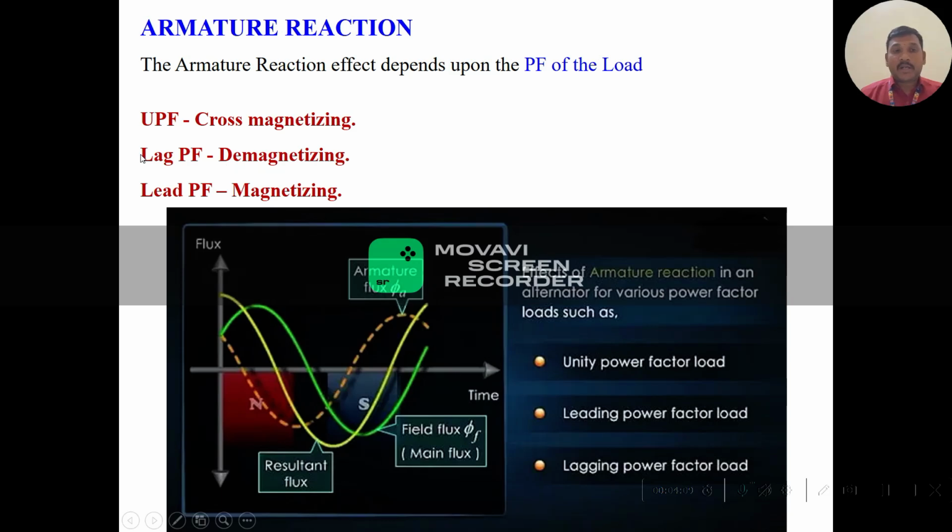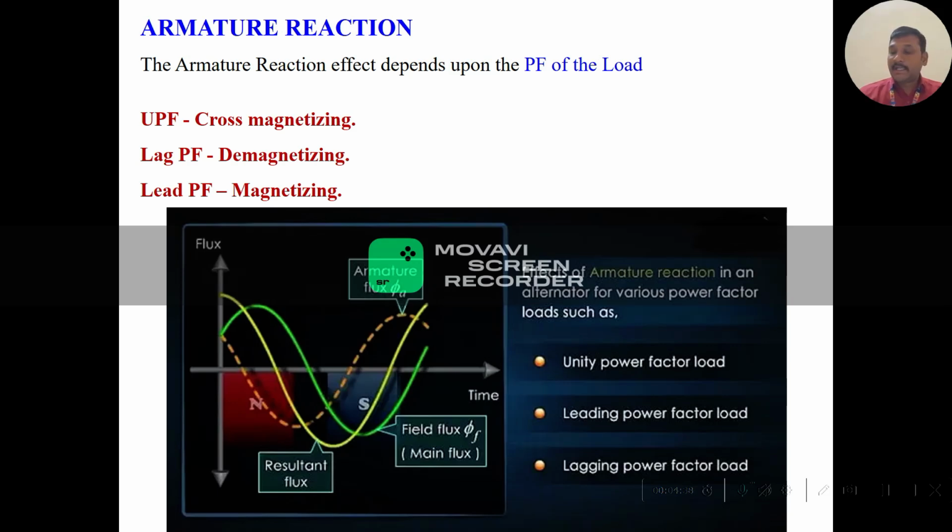Similarly, when you are connecting the inductive load across the alternator terminals, it creates lagging power factor load and it produces demagnetizing effect within that machine. That demagnetizing effect reduces the resultant flux or the main field flux, and that also reduces the generated EMF of the alternator.